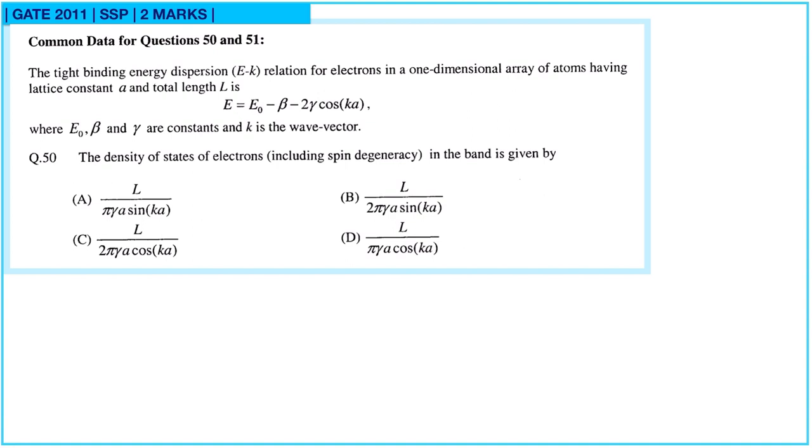Now for the density of states, we know that g(k) dk in k space is equal to L by pi for the 1d case. And here we have to consider spin degeneracy as well, so we have to multiply this by 2. So this will be L by 2 pi into 2 for the 1d case.